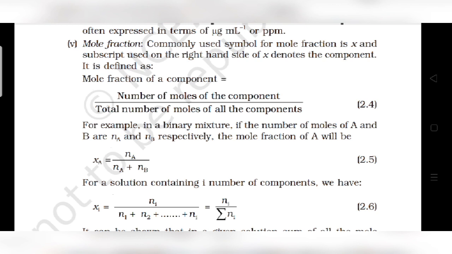So if you want to find mole fraction of A, how will you find? According to the 2.4 formula, mole fraction XA is equal to Na divided by Na plus Nb. Na means number of moles of component A, divided by total number of moles of all the components.